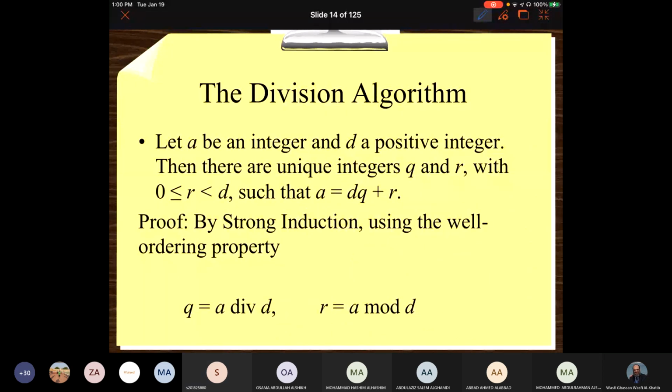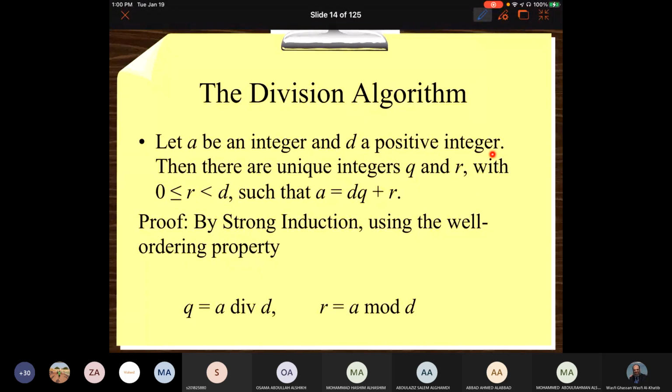Okay. So let's now come to the division algorithm. Now it is called division algorithm only for historical reasons. But let's go over it and see what it is all about. So it says here, let A be an integer and D a positive integer.